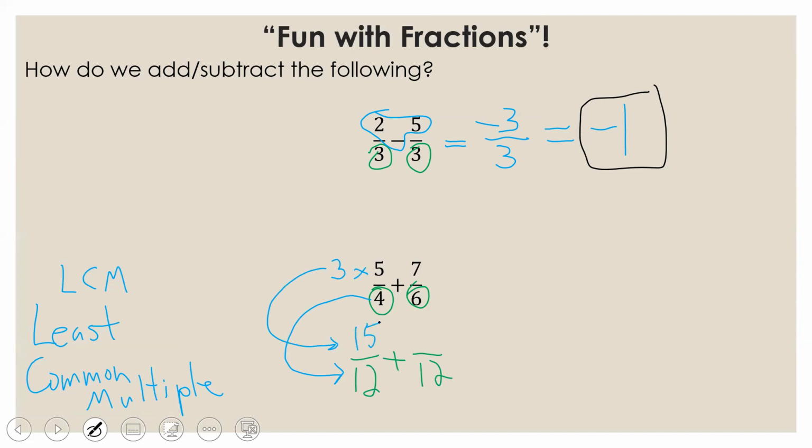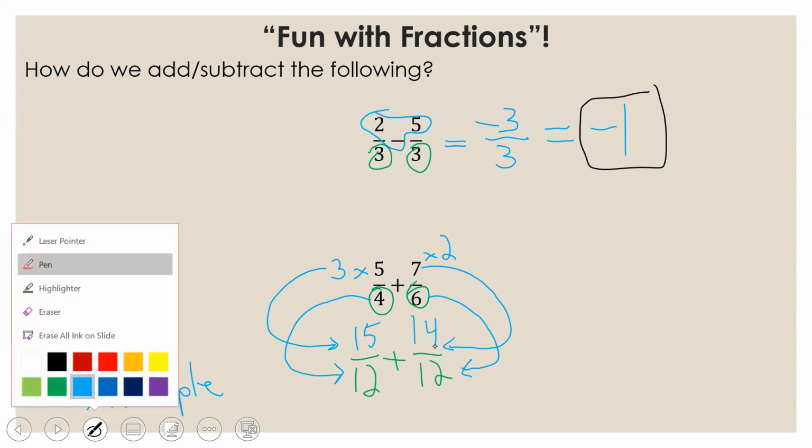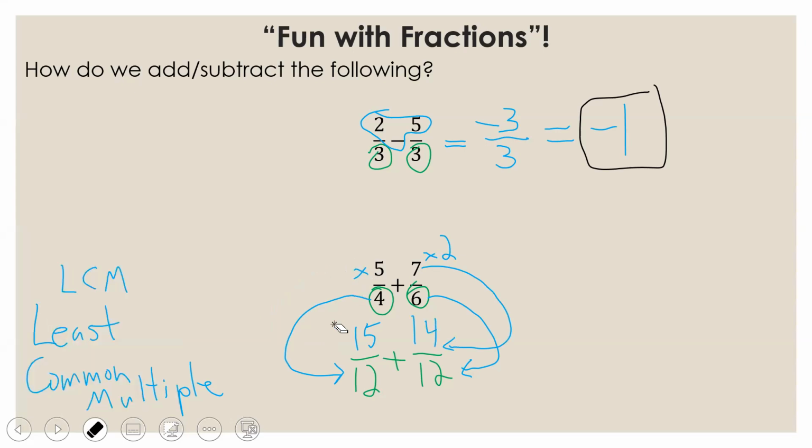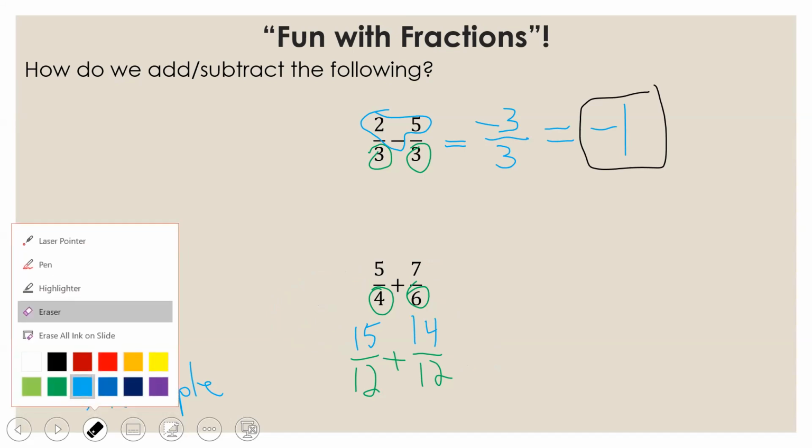We do a similar thing with the 6 to 12: to go from 6 to 12, we multiply by 2, so we do the same thing with the 7, multiplying by 2, which gives us 14. So our problem of 5/4 plus 7/6 has now become 15/12 plus 14/12.